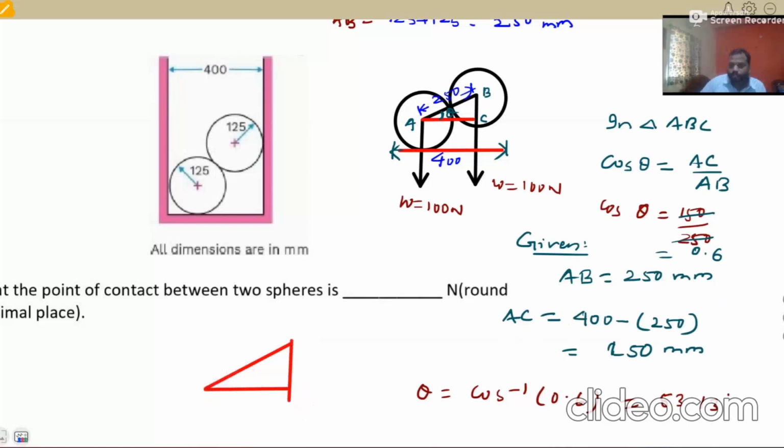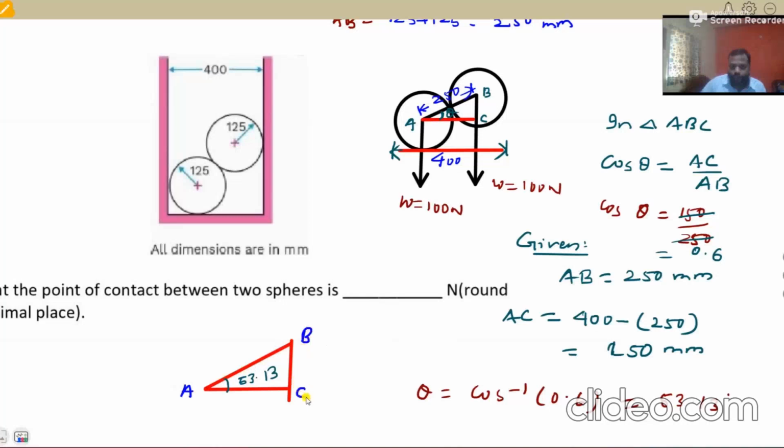Now I found this theta angle as 53.13 degrees. Here it is A, here it is B.